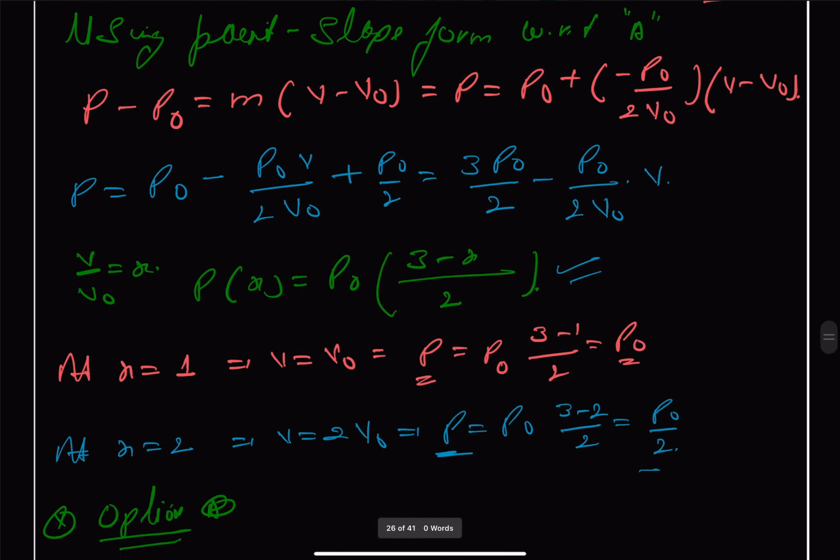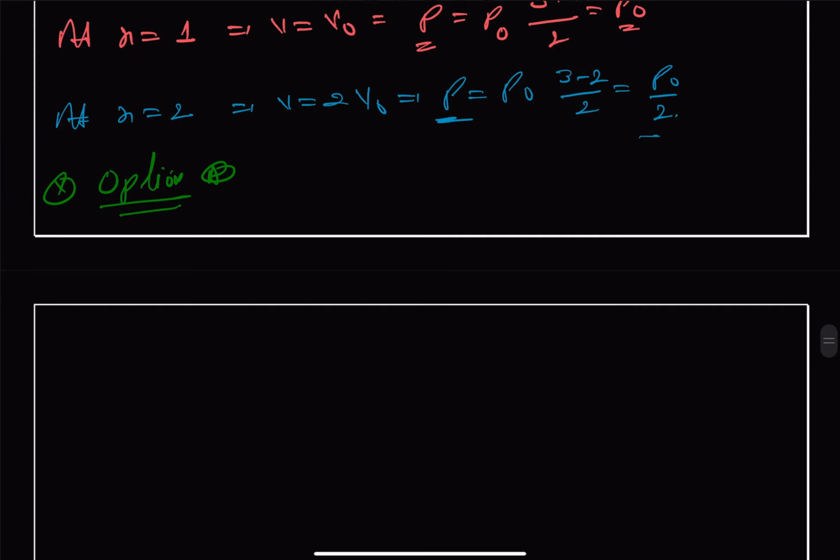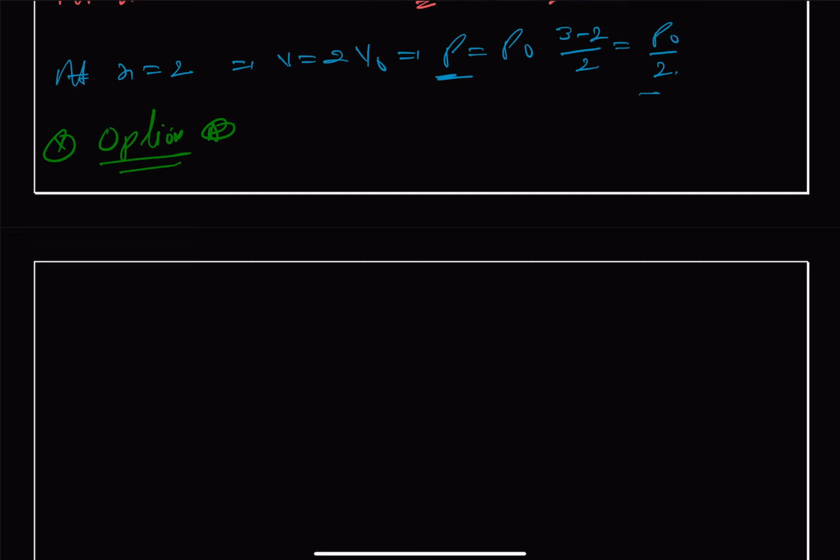So first of all, let us find out the work done along the straight path, which is AB, and let us call this W line.